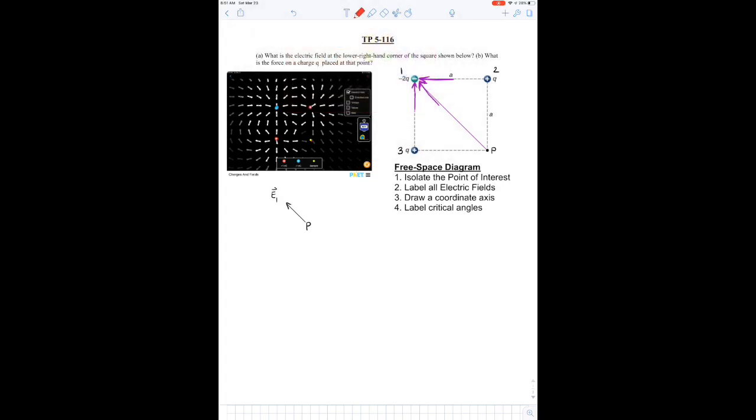Next, I'm going to look at charge 2. The second location, the top right-hand corner, has a positive charge, so its electric field always points away. So in my free space diagram, I'm going to draw a line for the electric field coming from that charge in the upper right-hand corner, which we labeled 2, and that's pointing downward.